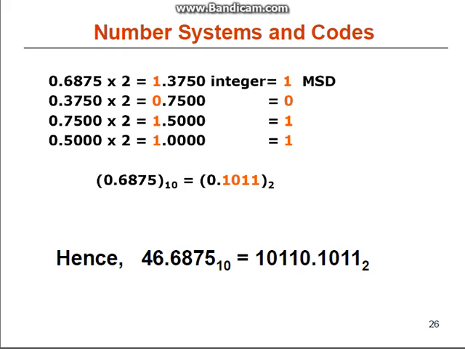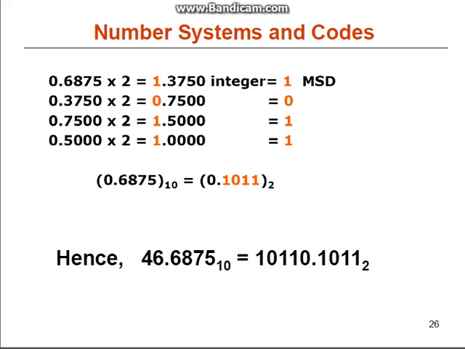So this will be your most significant bit here, and it becomes 0.1011. After you have got your 46, which is 101110 from the previous slide, you just combine it with this one here.